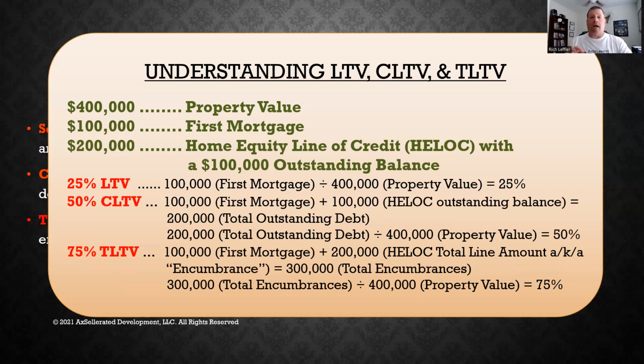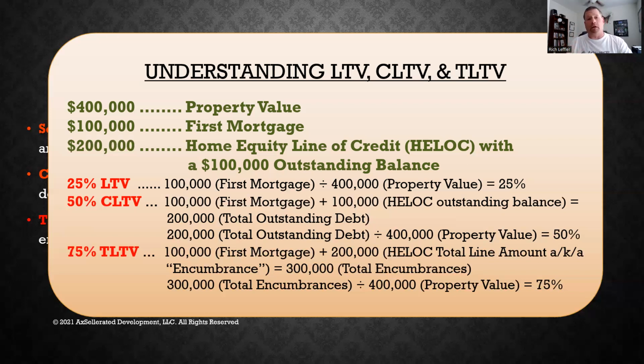Now, I'm perfectly aware that the borrower only owes $100,000 on this home equity line of credit at this time, but there's nothing stopping her from borrowing any second now another $100,000 and owing the full $200,000. So because the total available credit limit is $200,000, that is the amount of the lien that we have to place against the property's title, and the lien is the encumbrance.